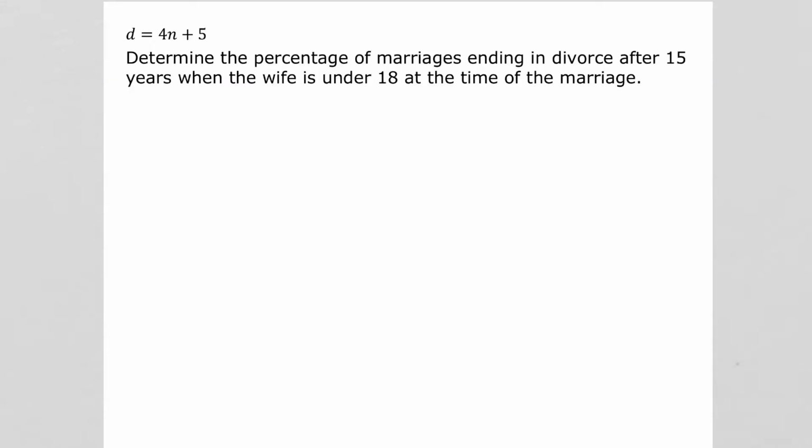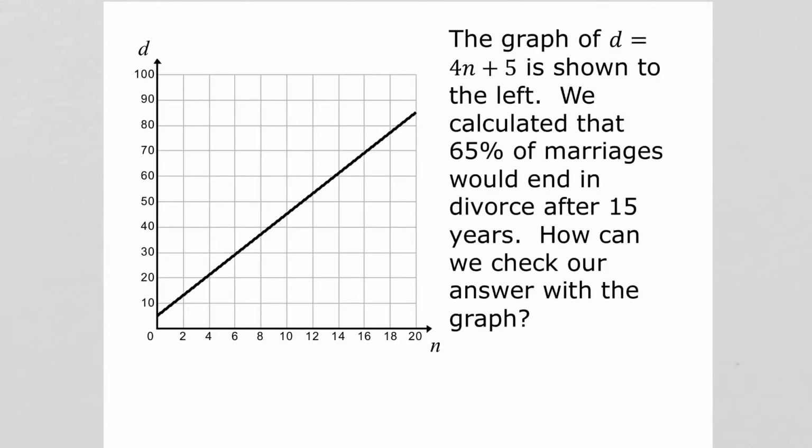So, 15 years. Let's look at our graph. So 15 on our graph is right here. And so if we go up, we hit this point here. So we can just look over our y values, where does that hit, and determine the percentage.